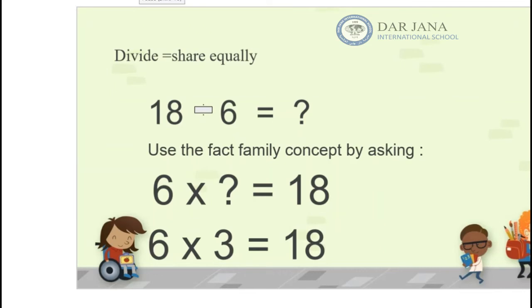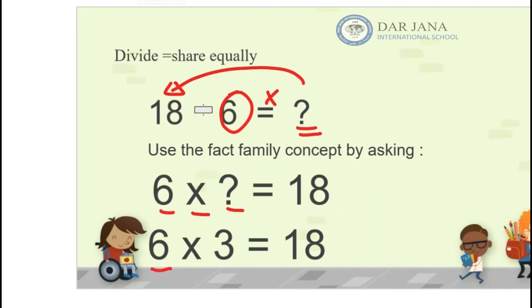Every time you have the division sentence, above the equal put a very small multiplication sign, then ask yourself, 6 times what gives you 18? What's the number I multiply by 6 that gives me 18? It's 3. So my answer, my quotient, is going to be 3.